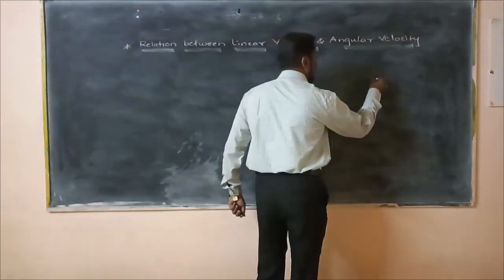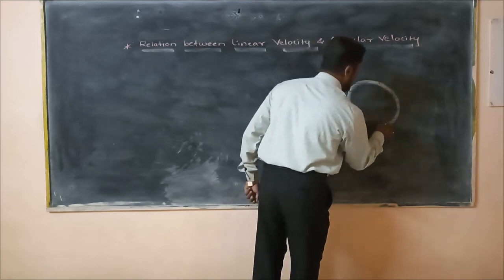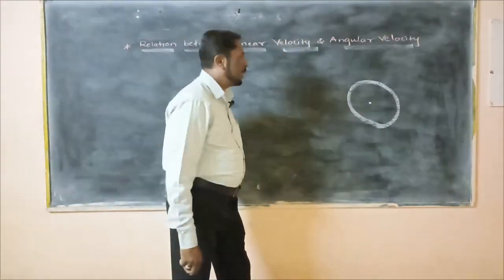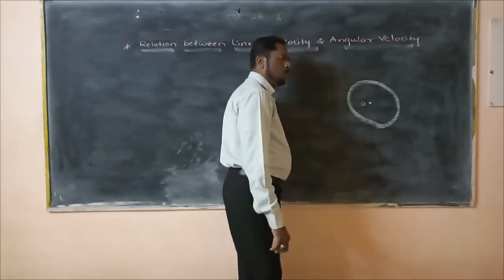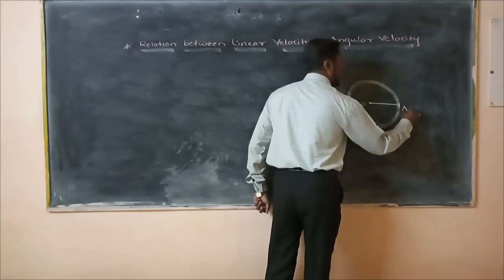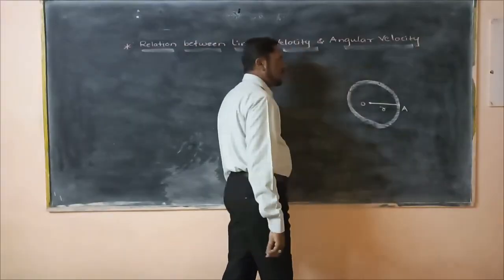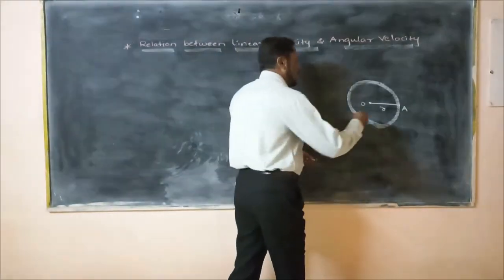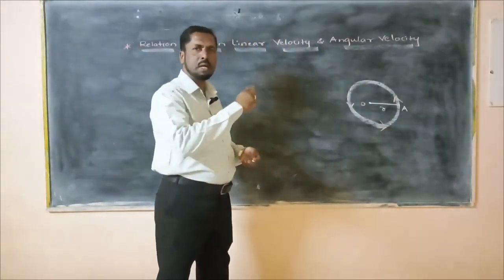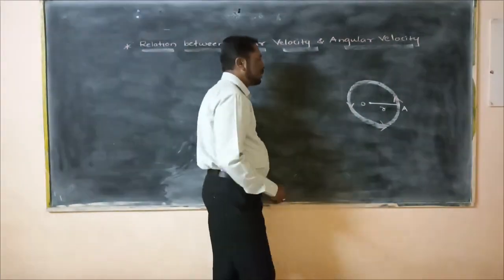Let us consider the following diagram to understand the relation between linear velocity and angular velocity. O is the center, and from the center a particle A is situated at a distance r. It is moving in anti-clockwise direction, performing uniform circular motion.